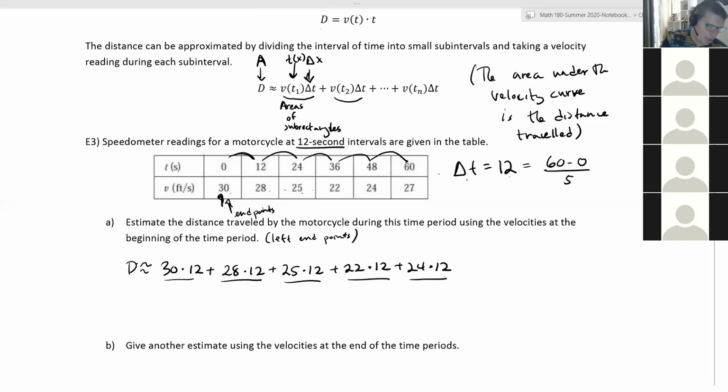So we can do a little quick calculation. And I get the distance traveled is 1,548 feet.